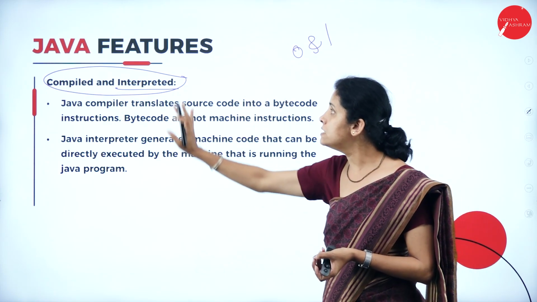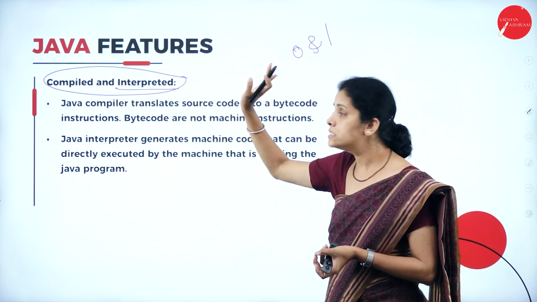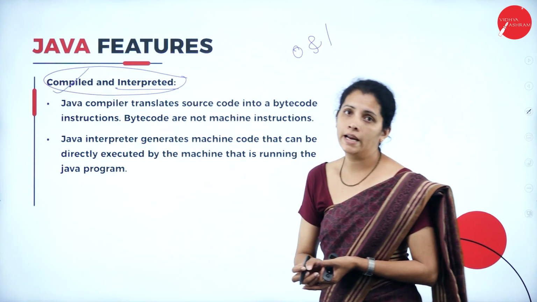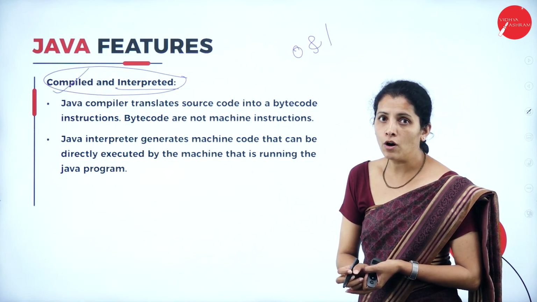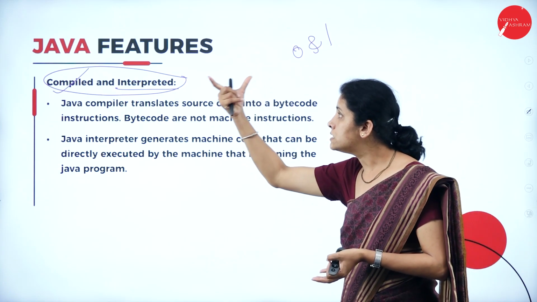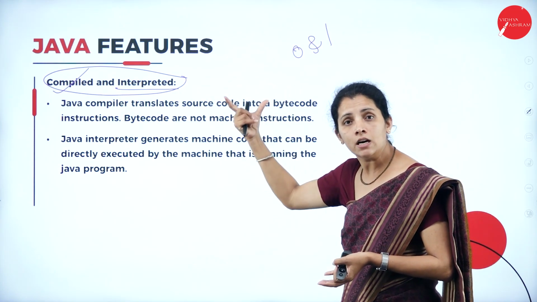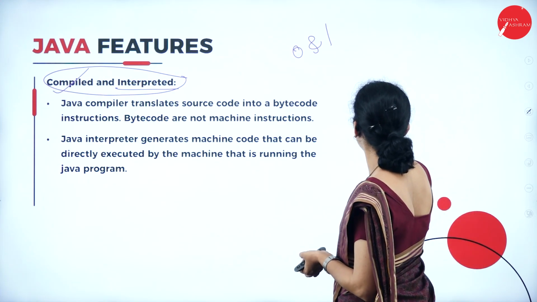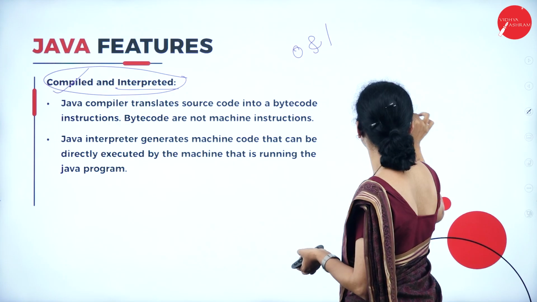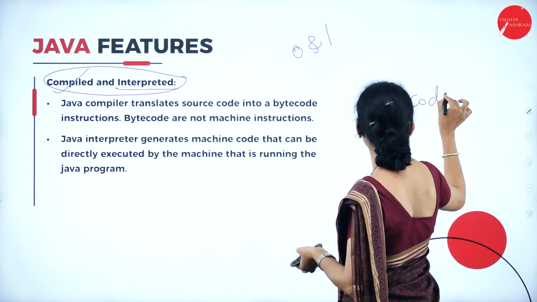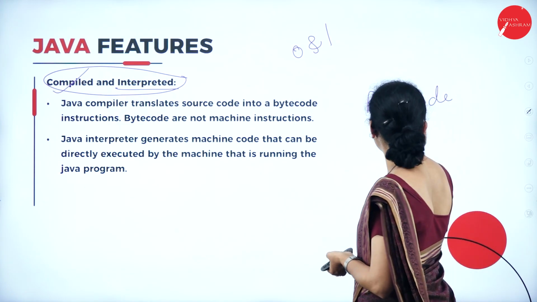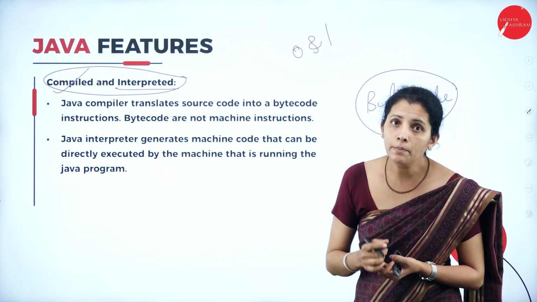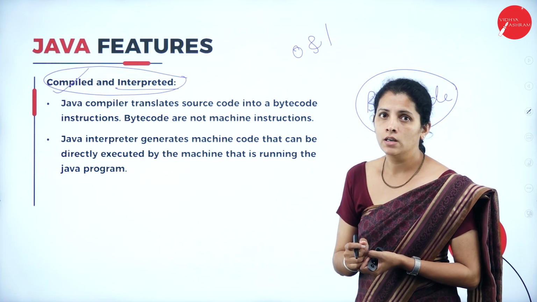And if I consider the Java program, Java supports compiler as well as interpreter. Because in the Java program, we encounter the concept called bytecode, and this bytecode itself is called intermediate code.